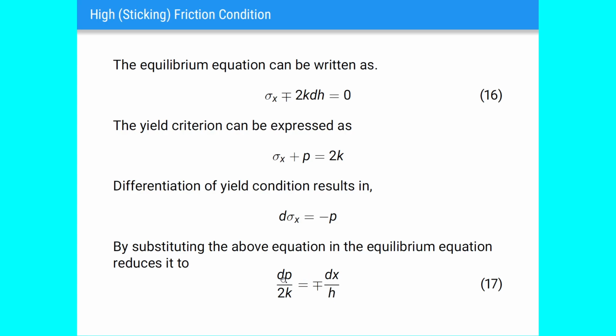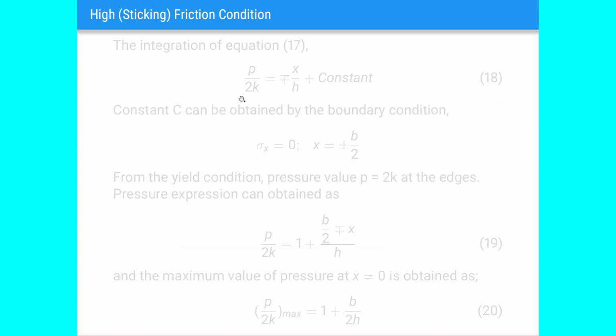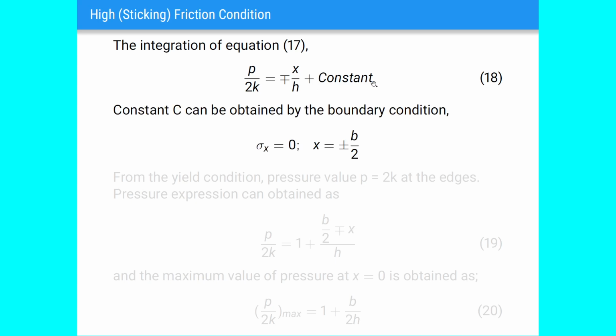Now integrate this equation, and you will get p upon 2k equal to minus plus x upon h plus a constant. Suppose the constant is c. This constant c can be obtained by putting in the boundary condition. What are the boundary conditions? Sigma x equal to 0 at x equal to plus minus b by 2.